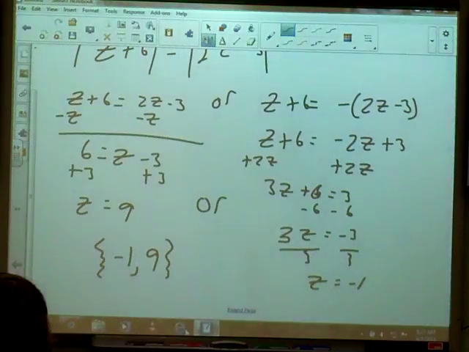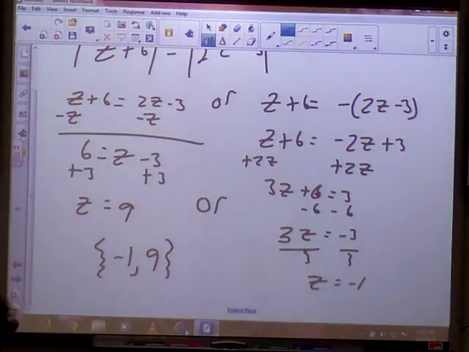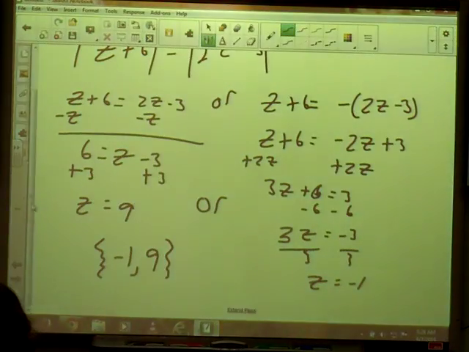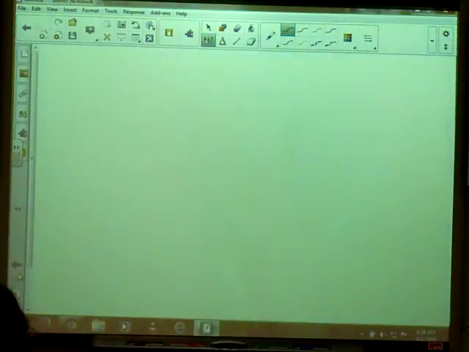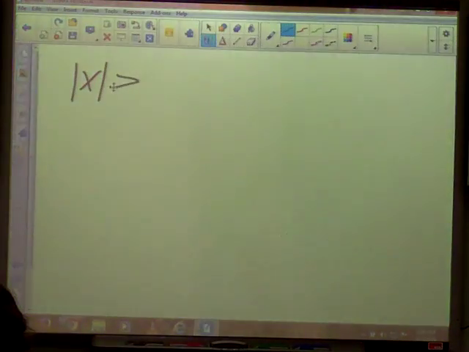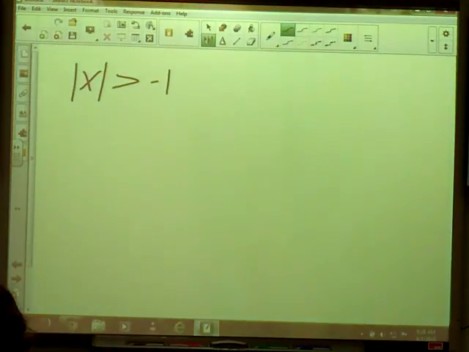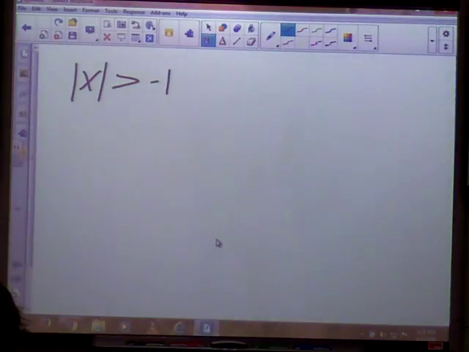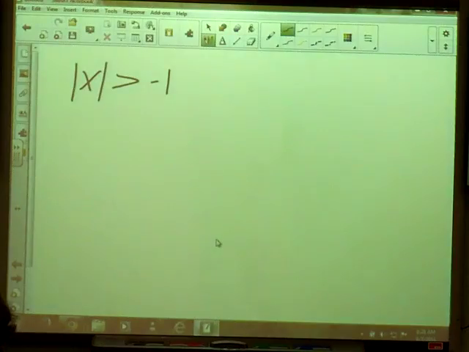There's some special scenarios that we can have. So let's look at our special scenarios that can happen. This first one I've got says absolute value of x is greater than negative 1. I'm going to show you how you would solve it, but I can do this one using common sense without even solving it.